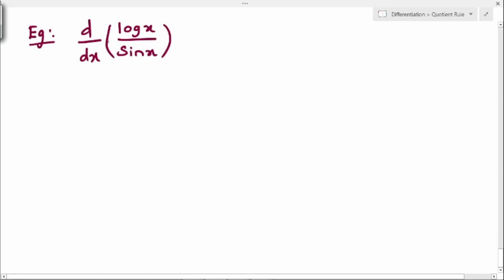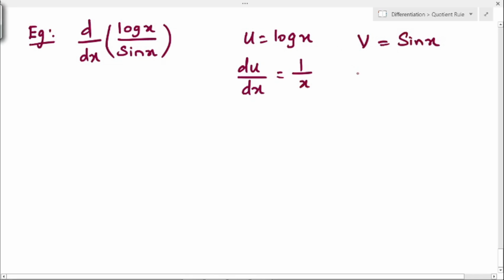Next example, differential of log x by sin x. Again here u value is log x. What is the differential of u? That is the differentiation of log x, 1 by x. Next is v. The v term is nothing but sin x, so the differential of v, dv by dx, equals the differentiation of sin x, which is cos x. So substitute all the values in the quotient rule formula.